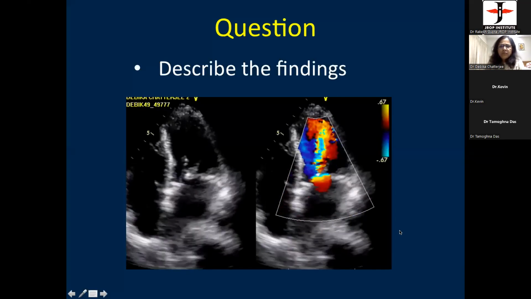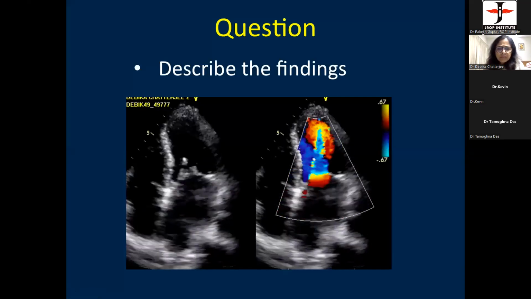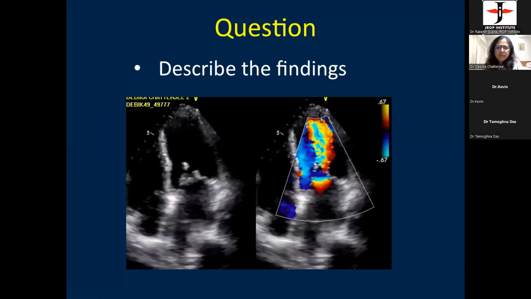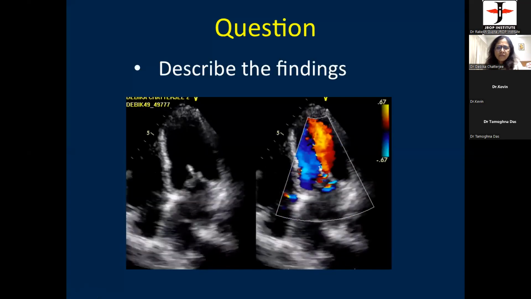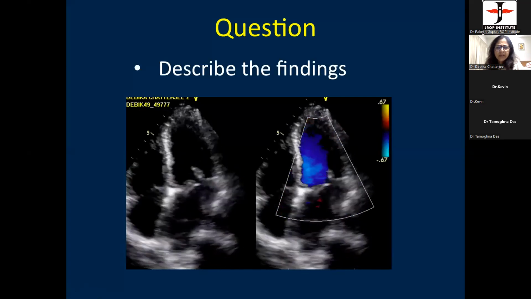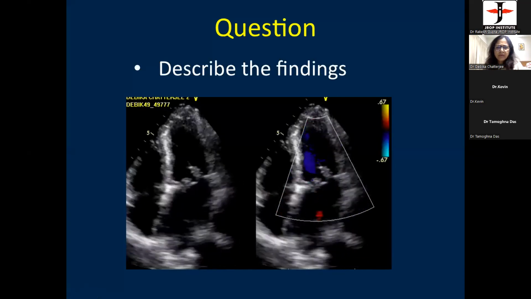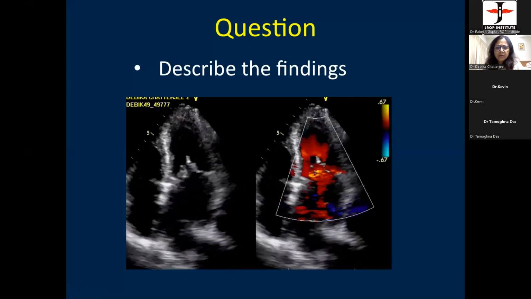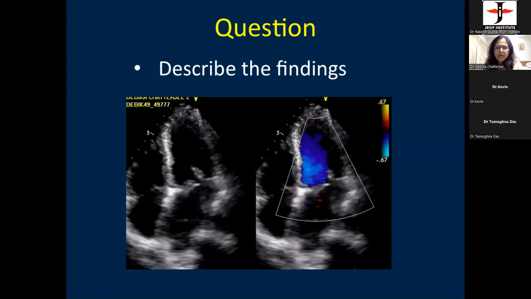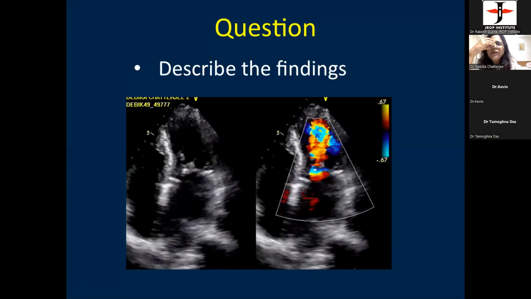Ma'am, there is a turbulence at the level of the mitral valve. What does it indicate? Which disease is the patient having? Severe mitral stenosis. If I say it's subvalvular, will you agree?